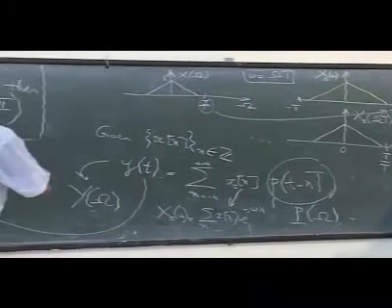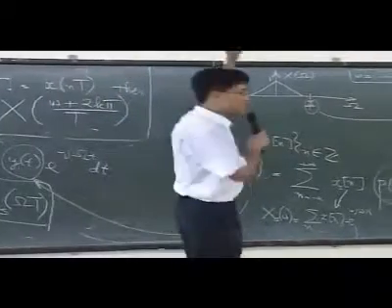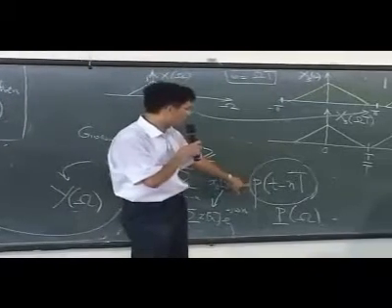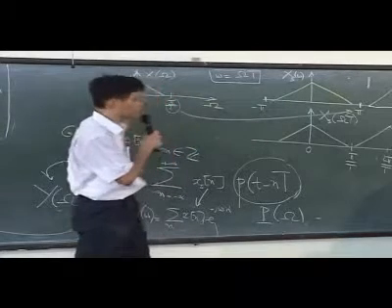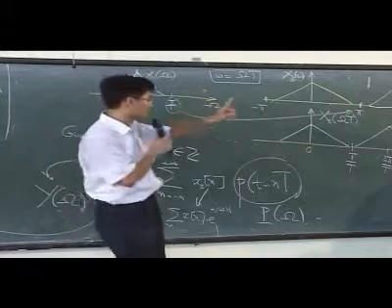And now I ask you a question. What P should I use so that I can take this down and have this? The ideal low-pass filter, right?